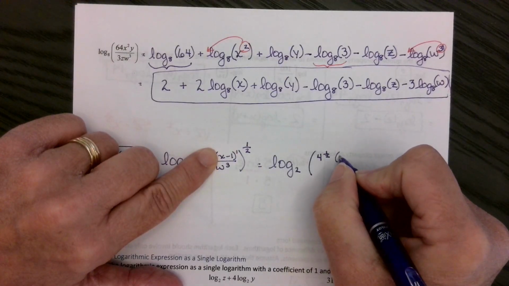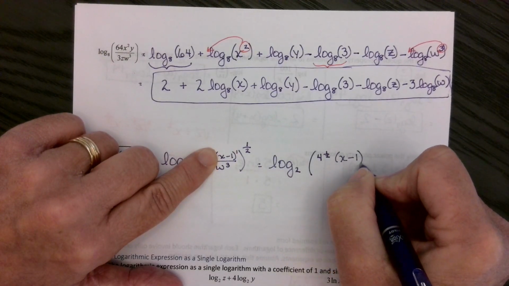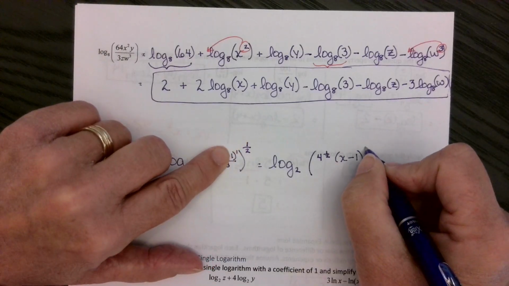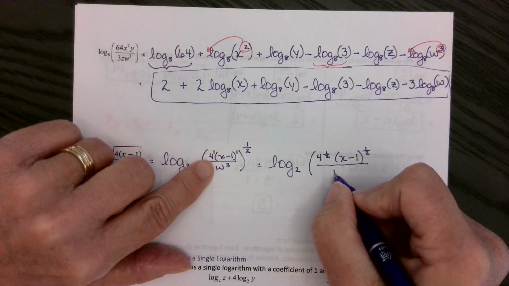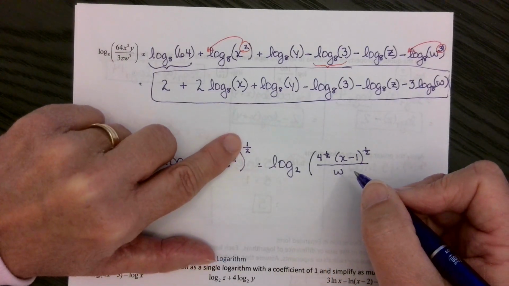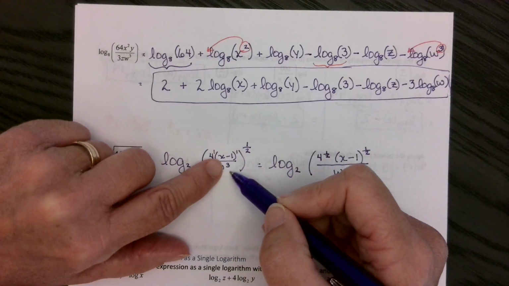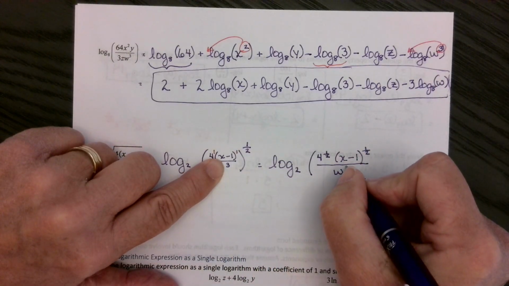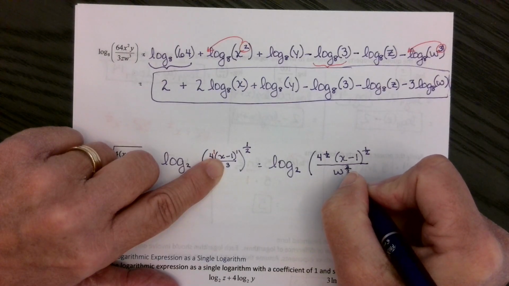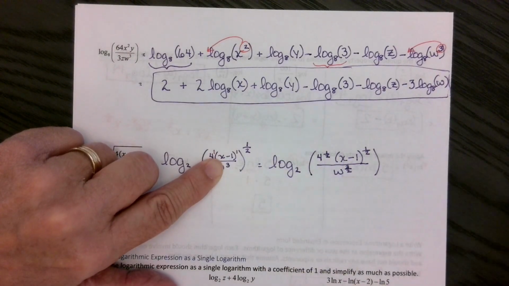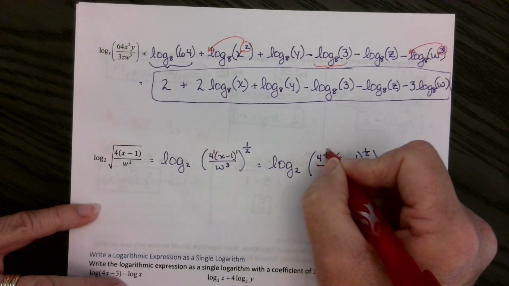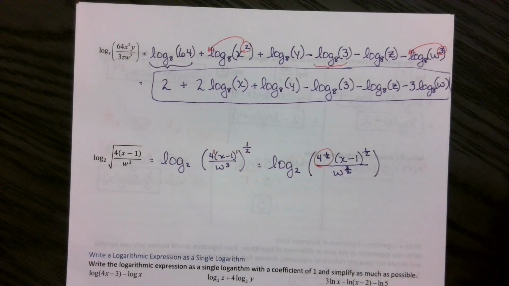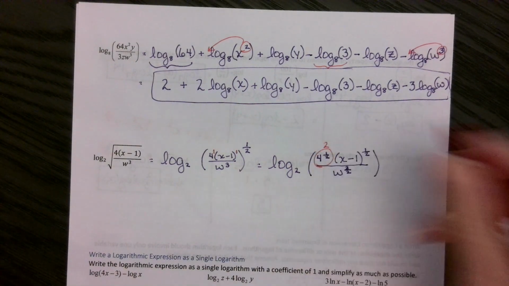Right here, the quantity of x minus 1, 1 times 1/2 gives me 1/2. And I also have to raise this 3 to the 1/2, everything inside these parentheses. 3 times 1/2 gives us 3/2. Okay? Now, this right here, 4 to the 1/2 is the same thing as the square root of 4, or you can plug that into your calculator and you'll get 2.